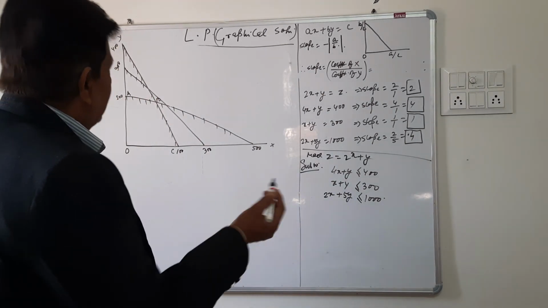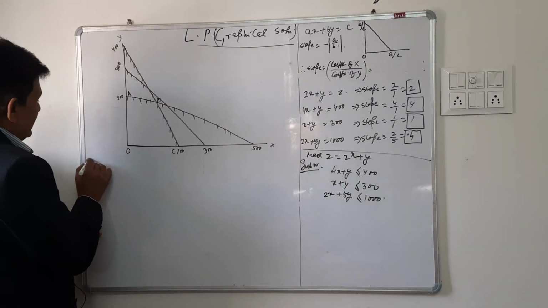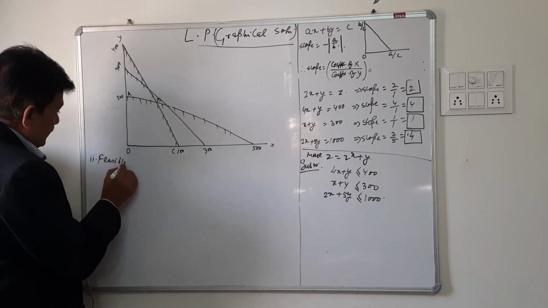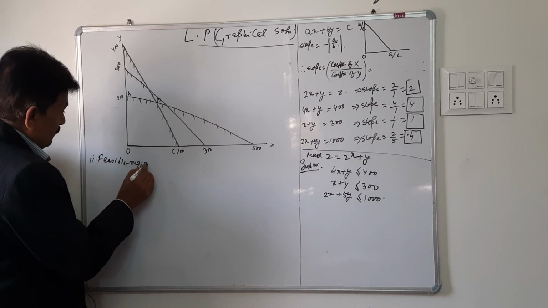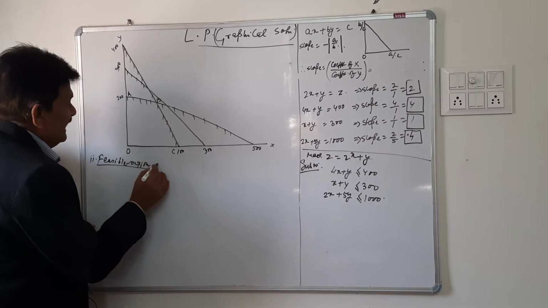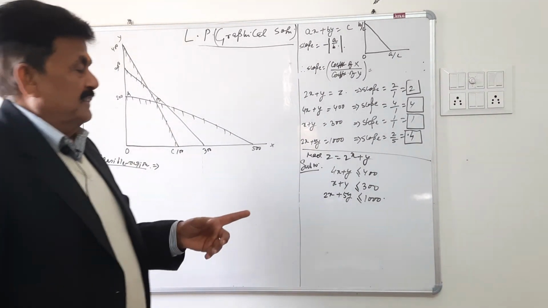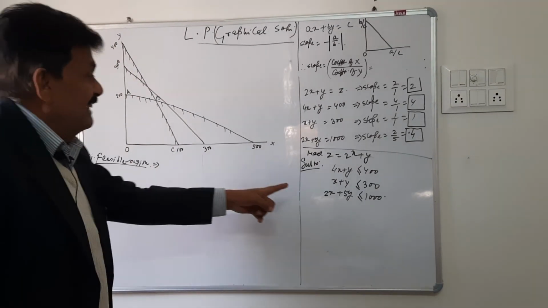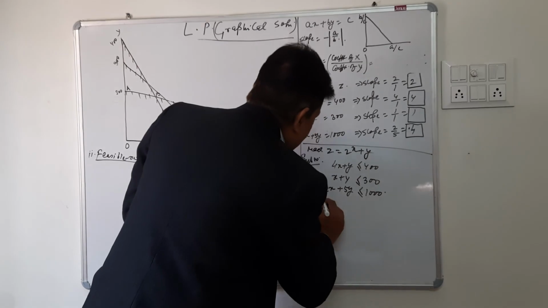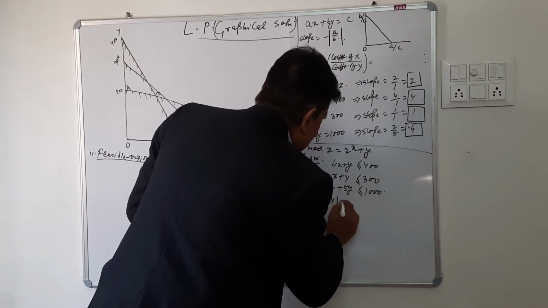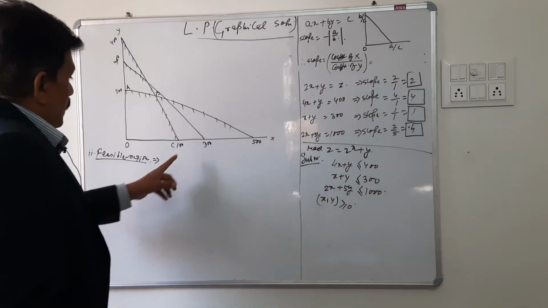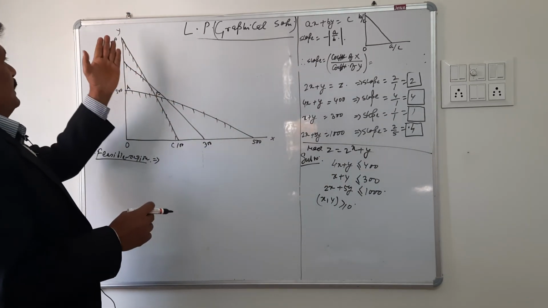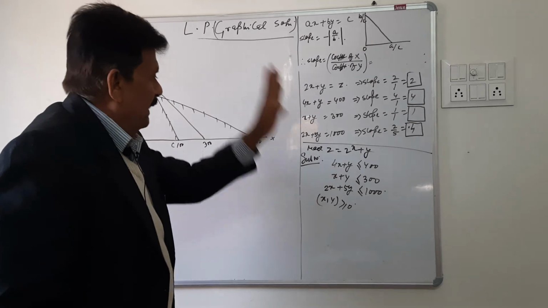Next we have to find the feasible region. The feasible region is that region which fulfills all the constraints as well as the non-negativity restriction. We are plotting in the positive quadrant, x positive, y positive, so this is fulfilled.